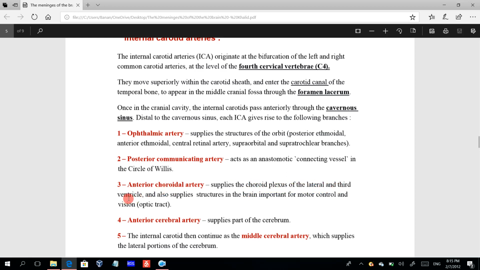These ventricles of the brain contain in their lining layer this choroid plexus, and the function of this plexus of cells, called choroid plexus, is responsible for the formation of the cerebrospinal fluid.